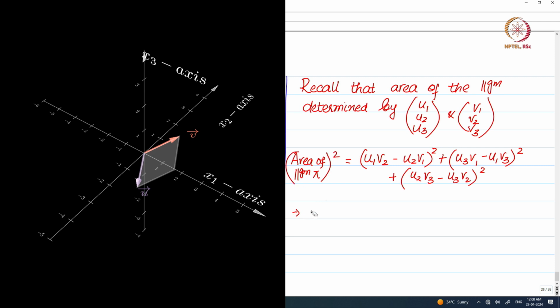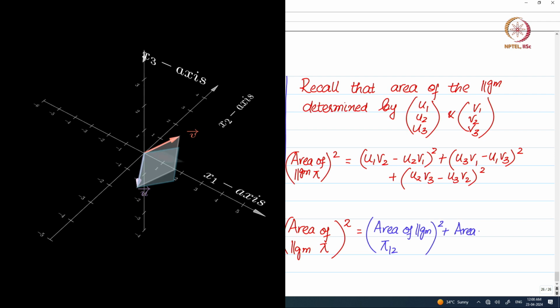Something interesting happens here: the area of parallelogram pi the whole squared is given by the area of parallelogram pi 1 2 the whole squared plus the area of parallelogram pi 1 3 the whole squared plus the area of parallelogram pi 2 3 the whole squared.